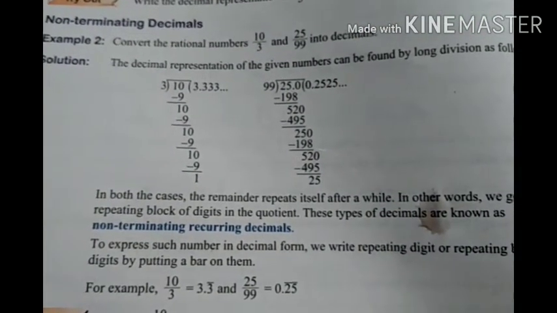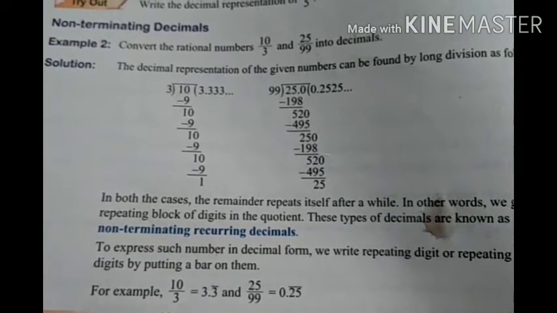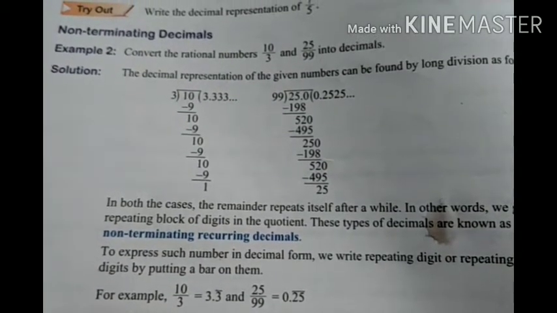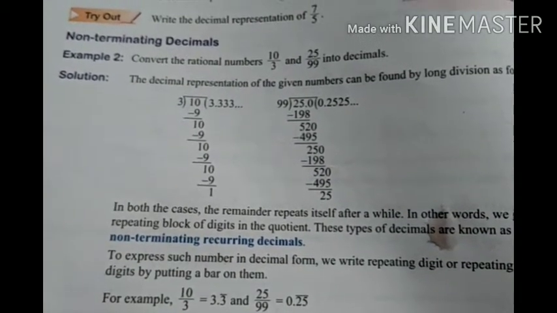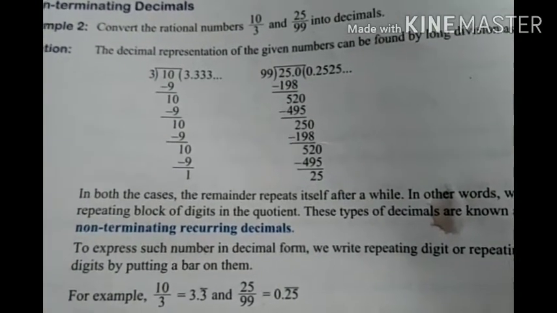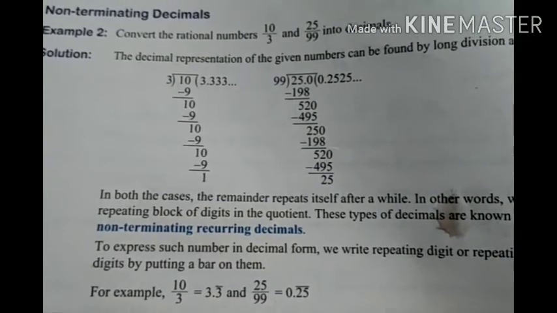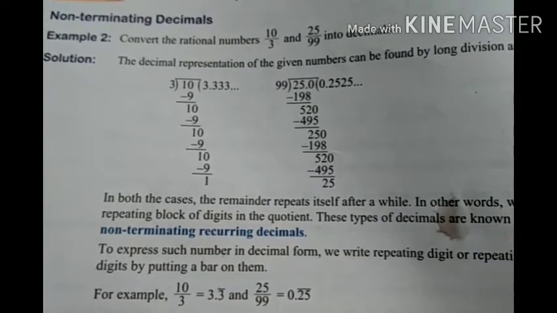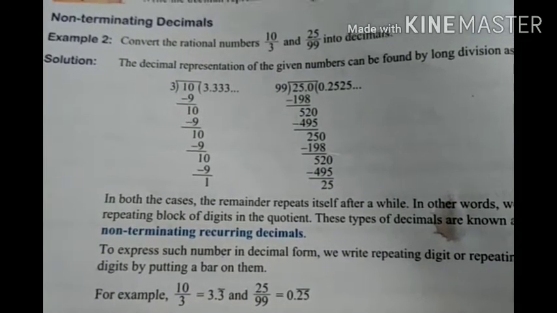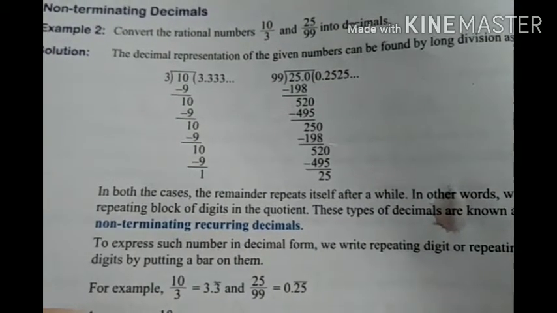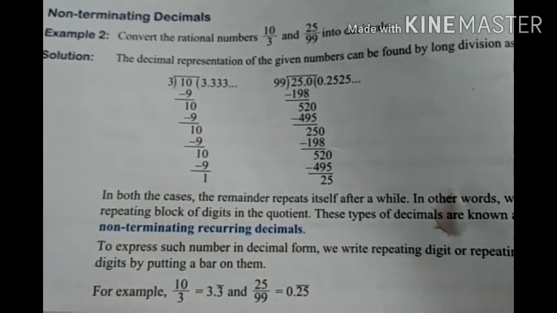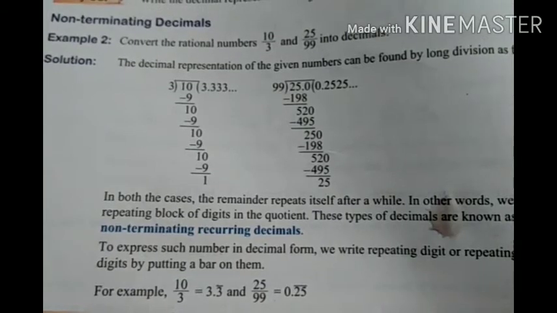Suppose 10 upon 3, we are getting 3.3333. After the point we are getting 3 repeating, so we put a bar above the 3 after the decimal point. When we are dividing 25 by 99, we are getting 0.25252525.